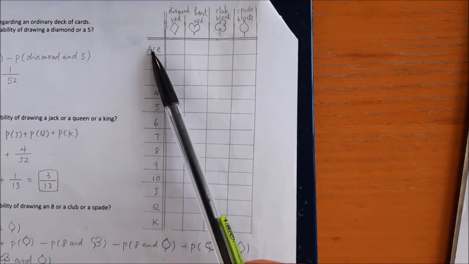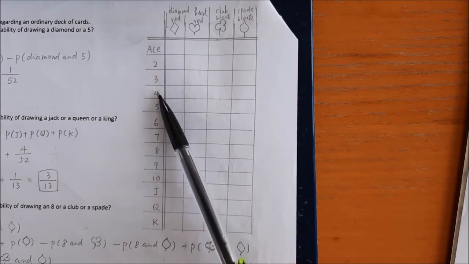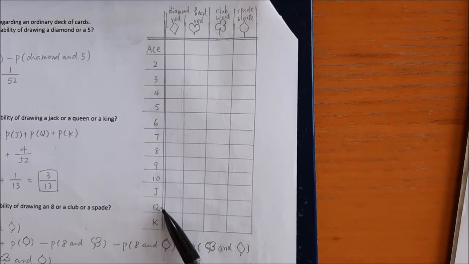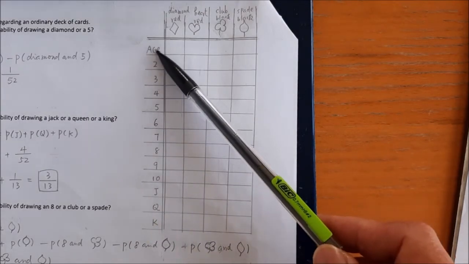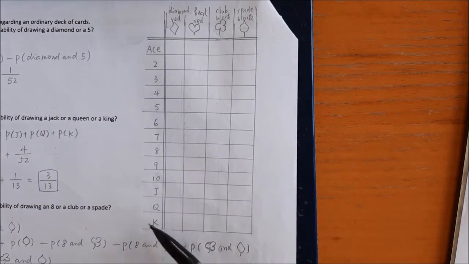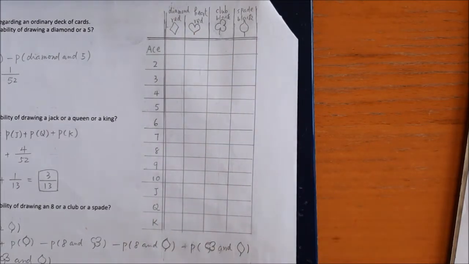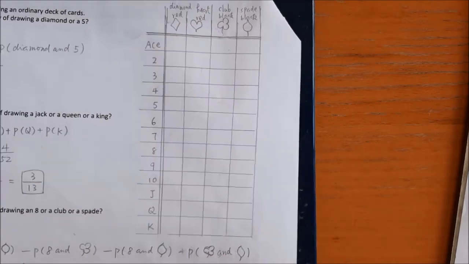Then the numbers: ace is number 1, then 2, 3, 4, 5, 6, 7, 8, 9, 10, jack, queen, and king. So this side has 13, 1 through 13, and this side has 4. 13 times 4, total 52 cards.